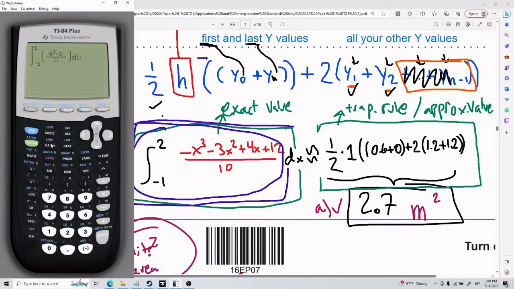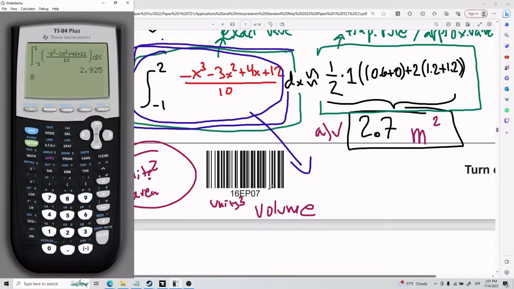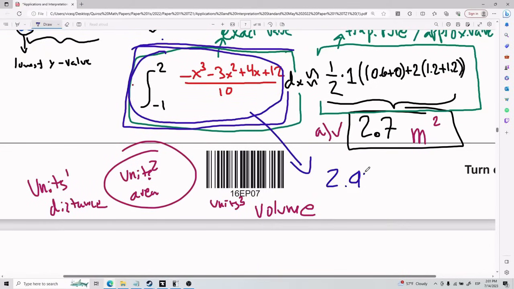Trust the process, it always works. Then d of my variable, in this case is x, dx. So there I plugged in everything. I can go ahead and press enter. It calculates it for me, and my exact value is going to be, following the calculator, 2.925.